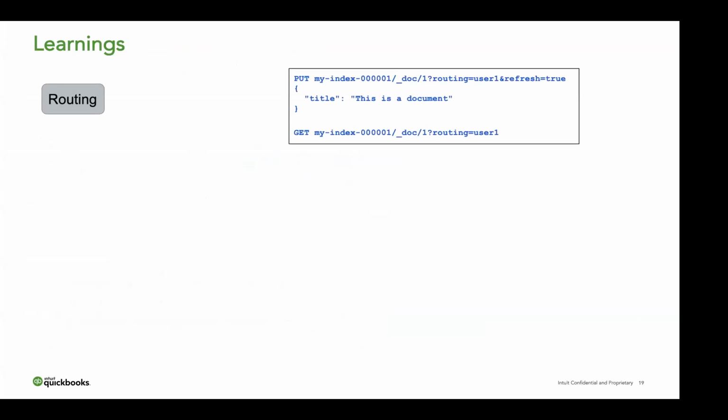Some of the learnings that we had is there's something called routing in Elasticsearch, which is very important. In our case, as I talked before, everything is in the context of a company. So we use this company ID, which is a numeric number, and in this case, just an example, it is user 1, to route the document to a shard.